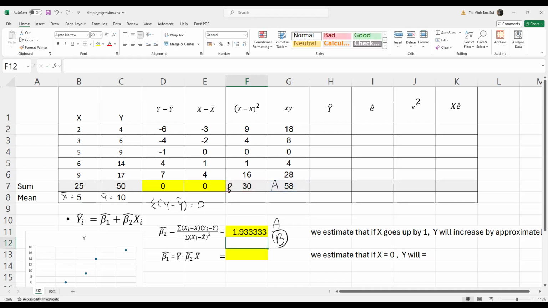And then to find the beta 1, they need you to use y bar. So equal y bar minus beta 2 hat multiplied by x bar. Okay, I will help you. So D7 over, okay, enter.